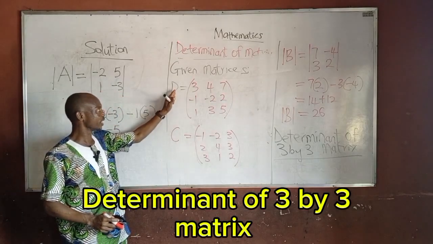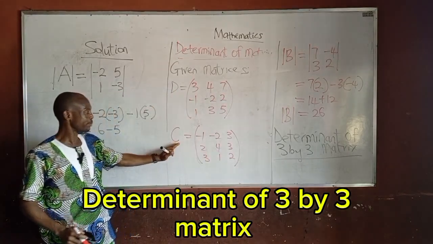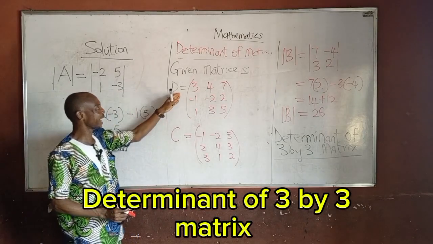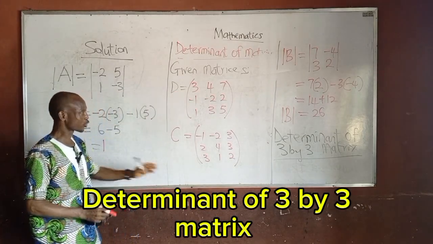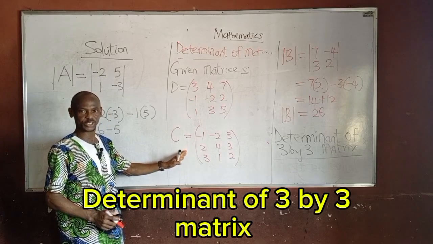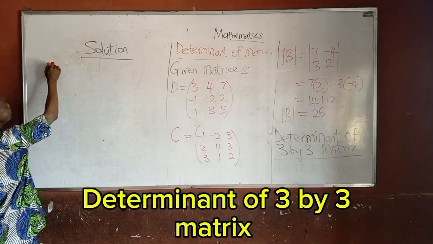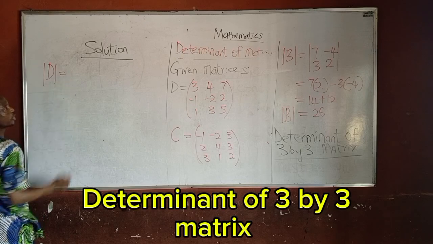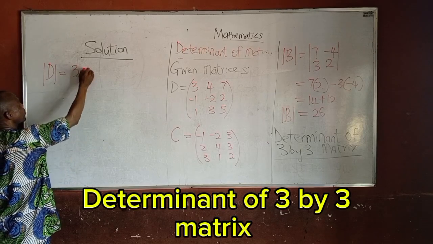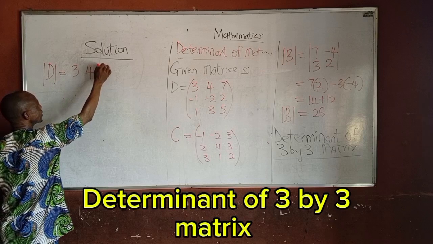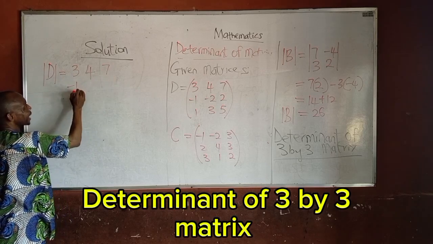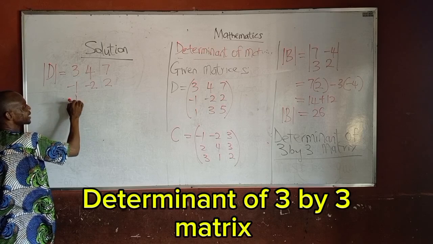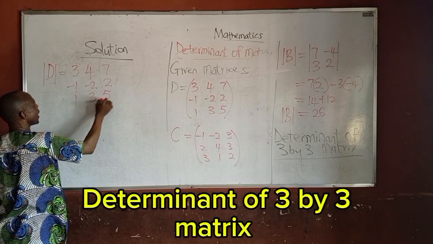Given matrix D equal to this and matrix C equal to this, we want to look for the determinant of D and also the determinant of C. The determinant of matrix D has rows 3, 4, 7, minus 1, minus 2, 2, and 1, 3, and 5.